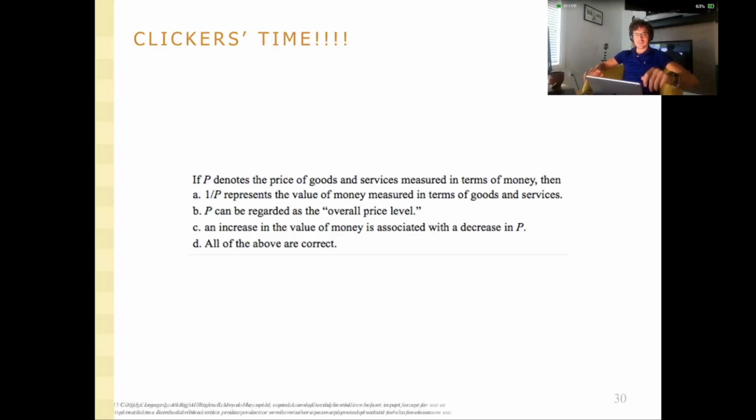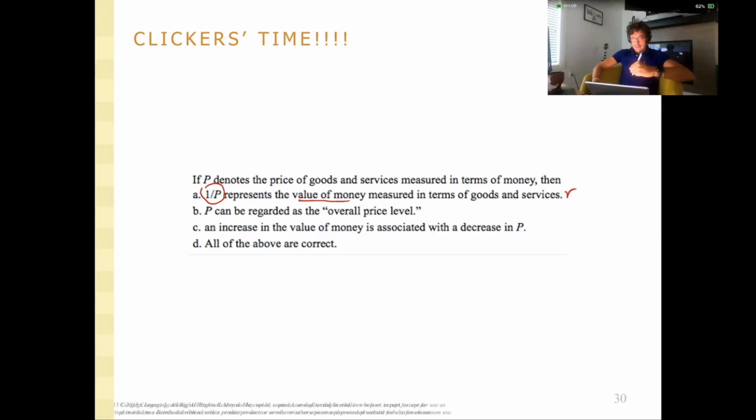Now, let us do a quick clicker question before moving to other interesting aspects of monetary theory. So here it is saying, if P denotes the price of goods and services measured in terms of money, so P is the price level, then 1 over P represents the value of money measured in terms of goods and services. Yes.